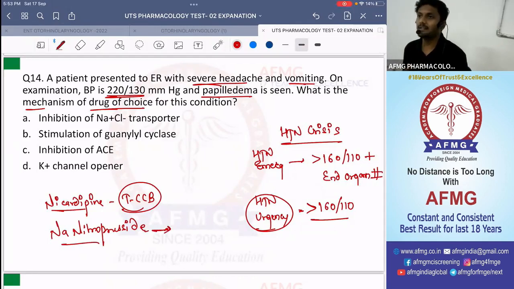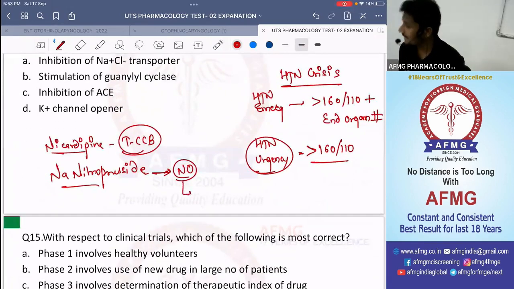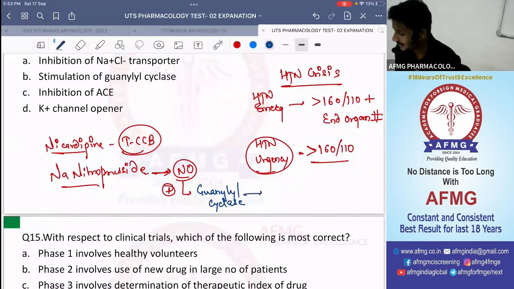Sodium nitroprusside releases nitric oxide. Nitric oxide stimulates which enzyme? It stimulates the enzyme known as guanylyl cyclase. As it stimulates guanylyl cyclase, it leads to increased production of cyclic GMP.